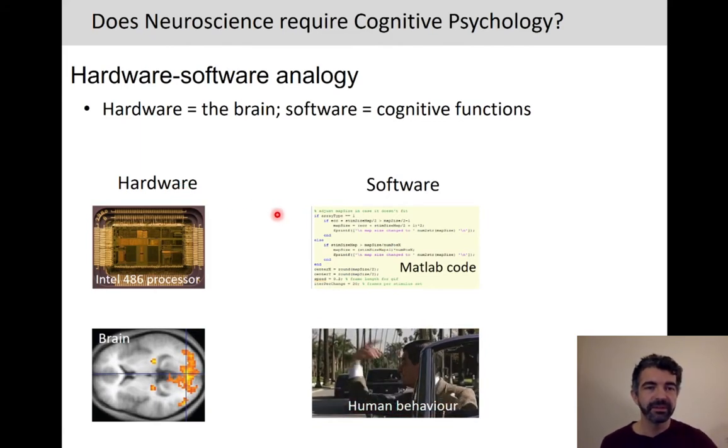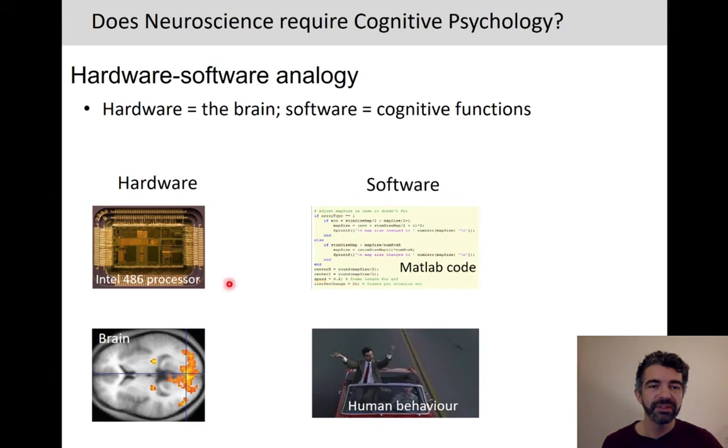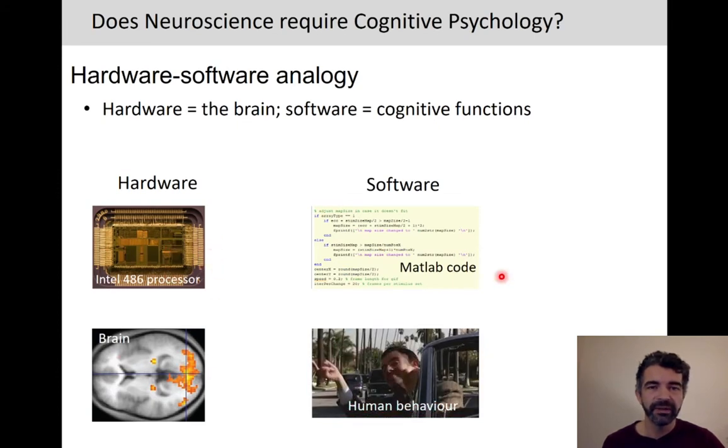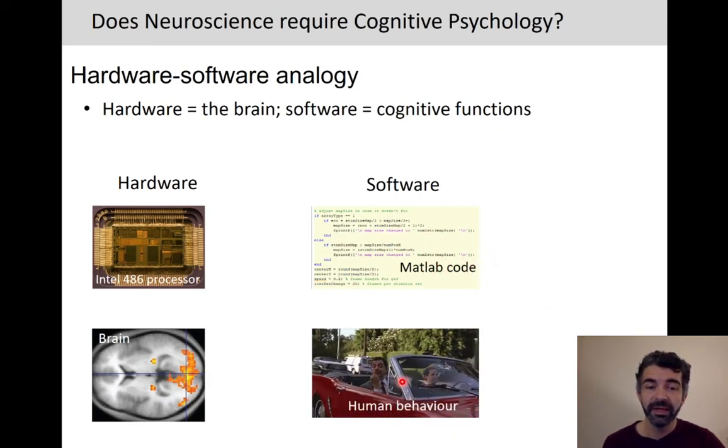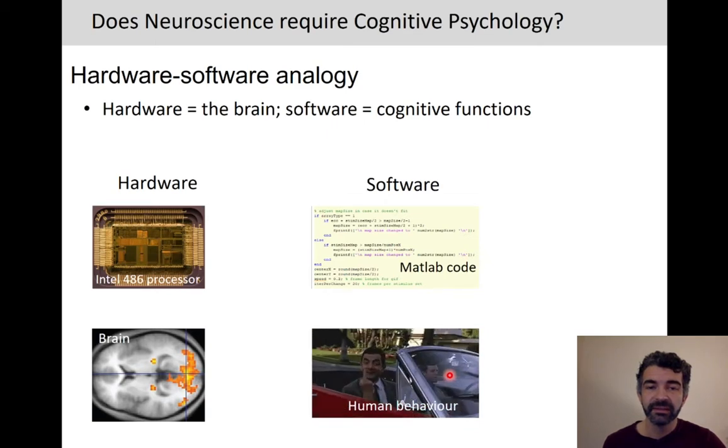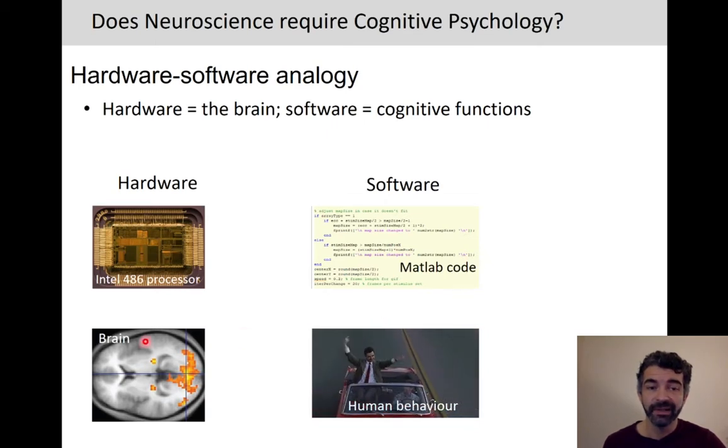So for example, you can see that this processor, CPU, is related to the brain, and the software, some code that we wrote in MATLAB, for example, describes the behavior that is based on processes going on in the brain.